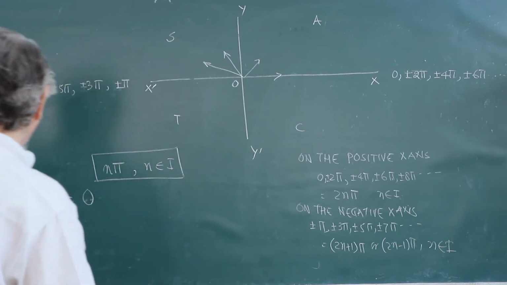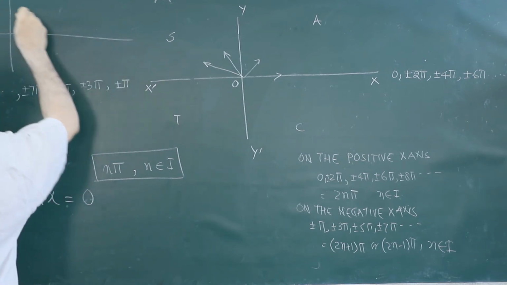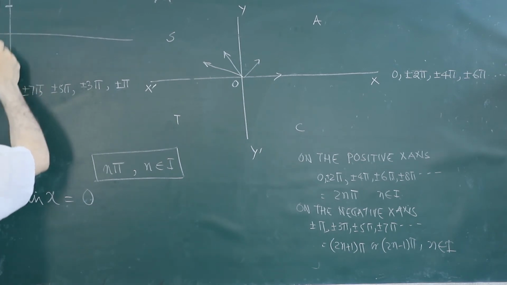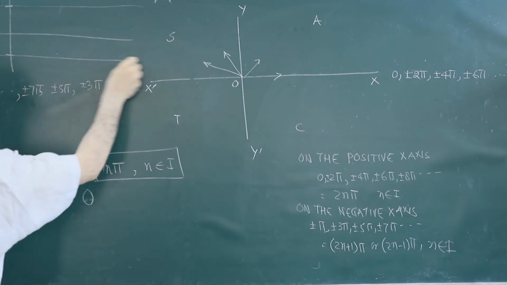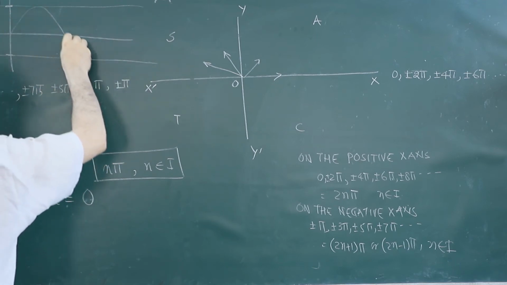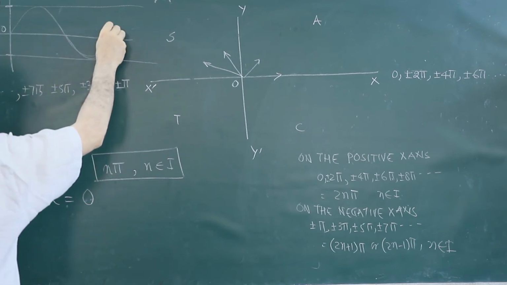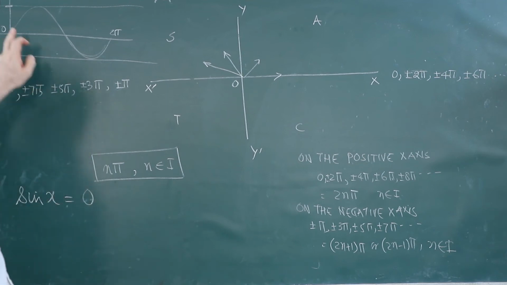If you remember the graph of sine theta, the range is from plus 1 to minus 1. If you draw the graph, it is like this. This cycle of the sine is 0 to 2 pi. It starts from 0.